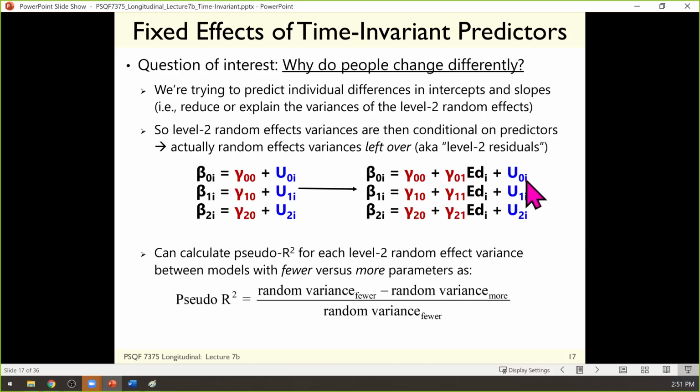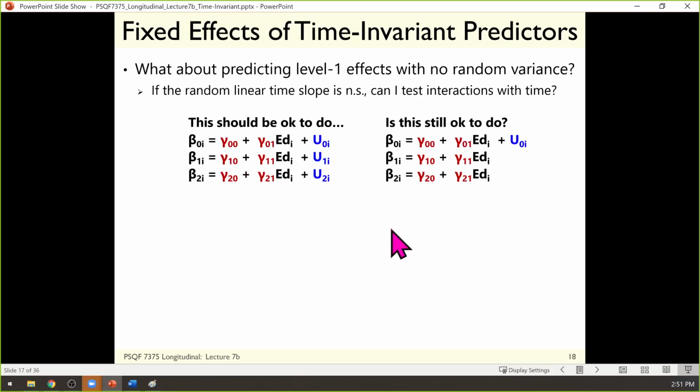And for each of these random effect variances, we would have a different R-square, where it is what it was from the model that didn't have the predictor minus what it is now, divided by what it was. So we'll get practice at interpreting each of these, but the role of each of these distinct fixed effects is different. Each is targeting a different aspect of individual differences via random effects.